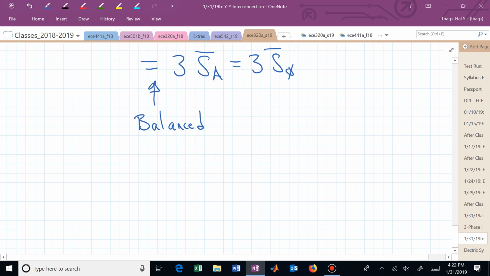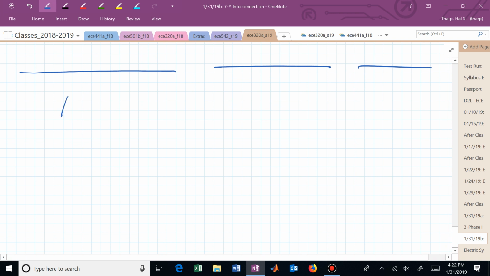Now, what you probably can appreciate is that it might be helpful to learn how to convert between these different interconnections, to convert delta to Y and Y to delta.